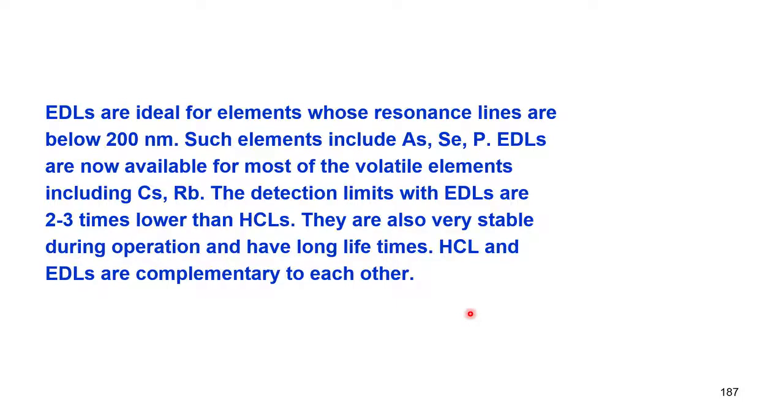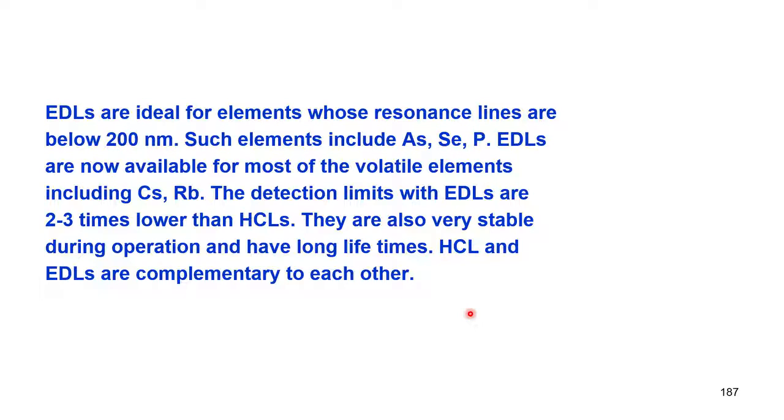This is an important aspect, because earlier I had said that several elements like iodine, arsenic, etc., have resonance lines less than 200 nanometers. Now here, if I use a vapor EDL, electrodeless discharge lamp, I have a chance of using such elements, because EDLs give you very high intensity radiation and very narrow bandwidth.